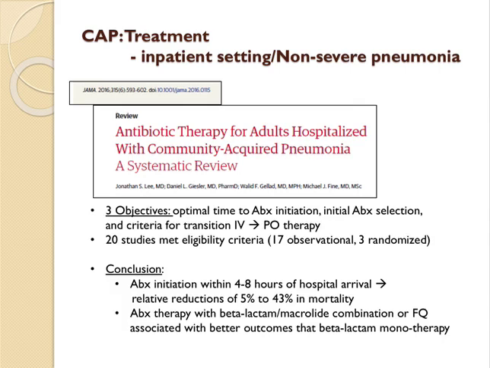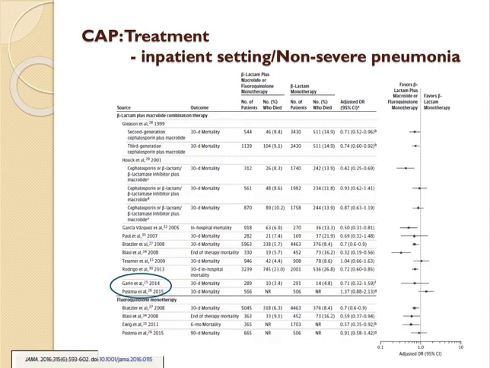Specifically, what they discovered on the question of which antibiotic selection was the best. So this is a very busy table, but I want you to pay attention to the table on the right, and specifically to this one study by Postma, which was published in 2015.